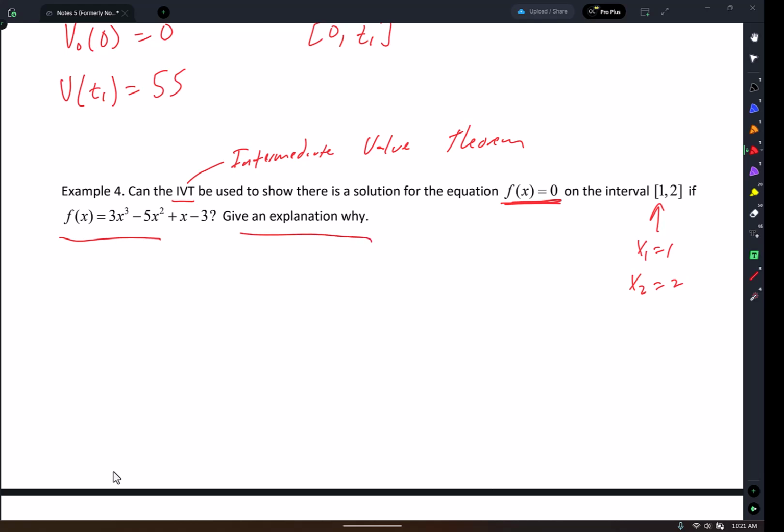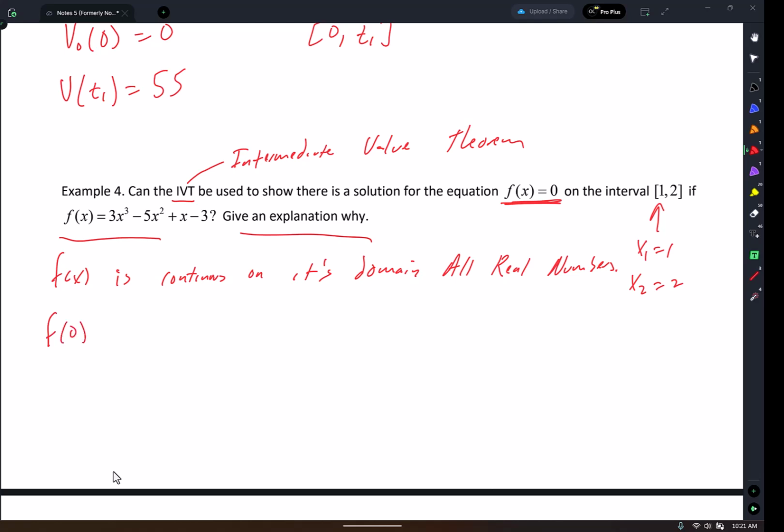Okay, here we go. F of x is continuous on this interval. So I'm going to state that f of x, it's just a polynomial, is continuous on its domain, all real numbers. You guys ready?